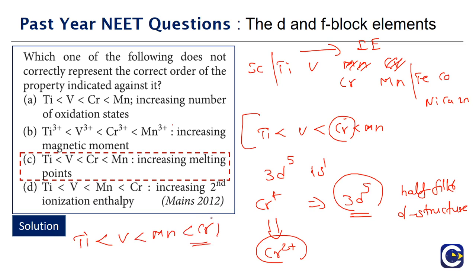This is happening because we are talking about the second ionization enthalpy, meaning after forming the first ion we have to remove the second electron. In chromium's case we will be disturbing the 3d5 structure. That is the reason why chromium will have a higher second ionization enthalpy than manganese. Clear? So this also is correct. The only order that is incorrect is option C, and that's what we are choosing as the answer for this.